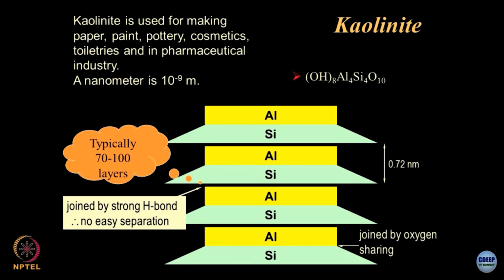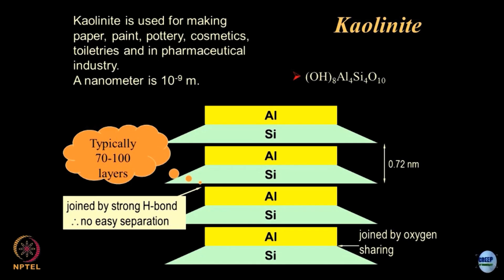Alumina silica sheets put together, typical spacing is 0.72 nanometer and this could be because of the oxygen sharing, and typically 70 to 100 layers are there and as I said they will extend into infinity. Kaolin is a very stable material and that is the reason it is used for making potteries.